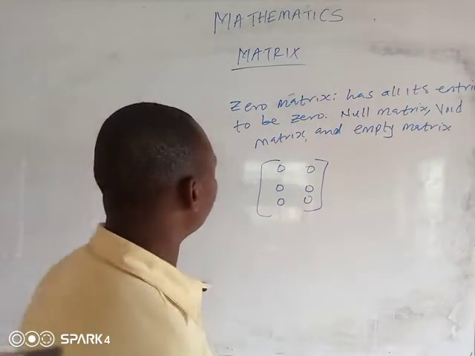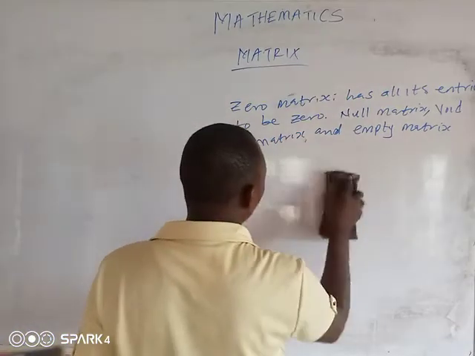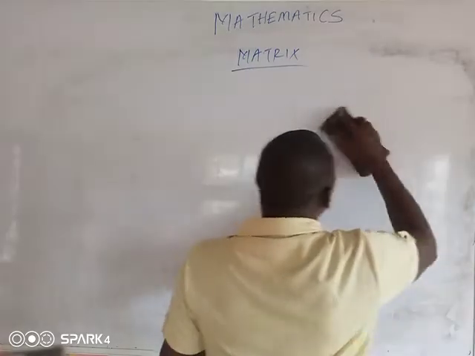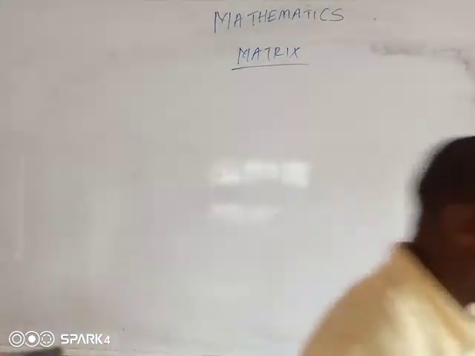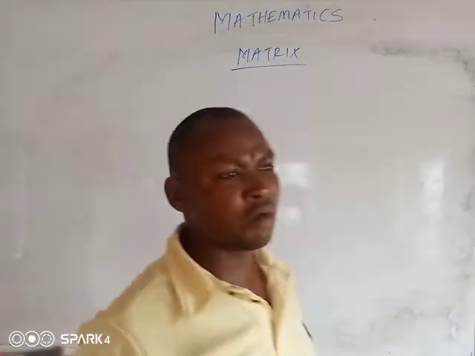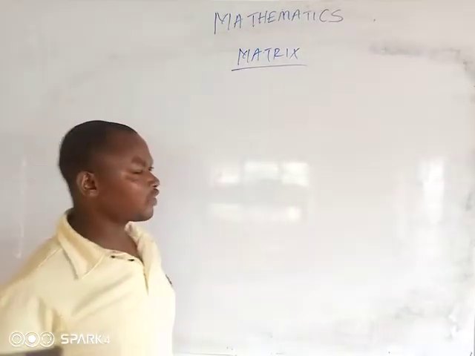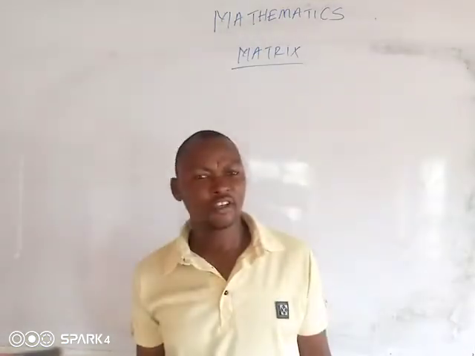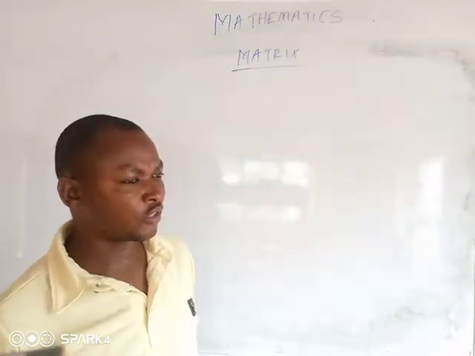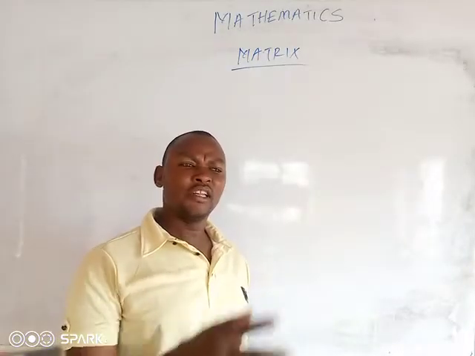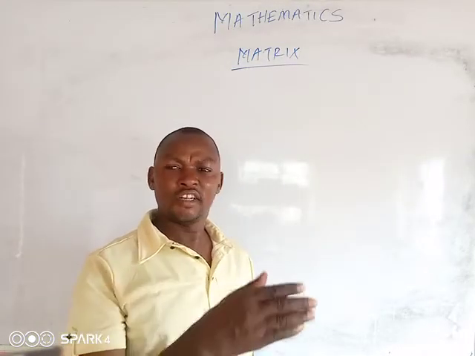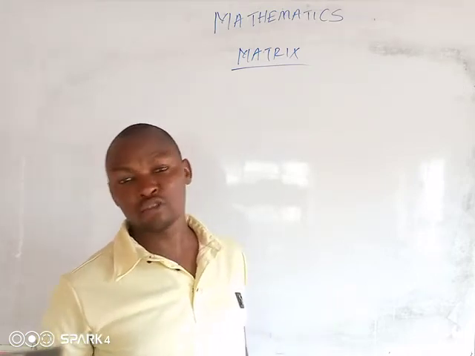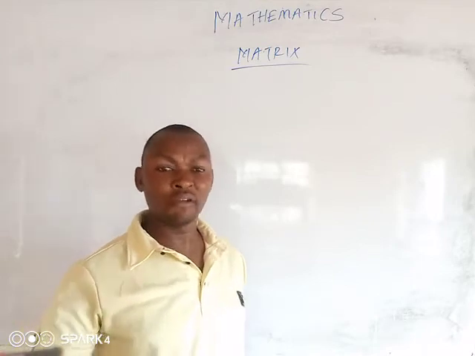Apart from void matrix, we can also have an identity matrix or unit matrix. An identity matrix or unit matrix is usually a square matrix in which the leading diagonal elements are 1, and elsewhere we have 0.